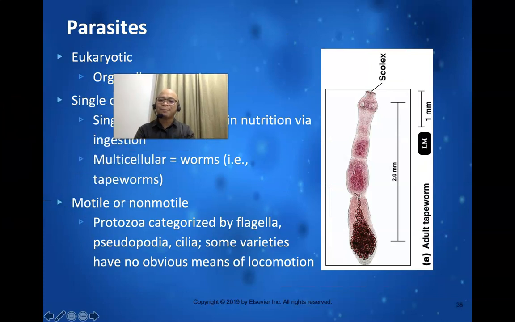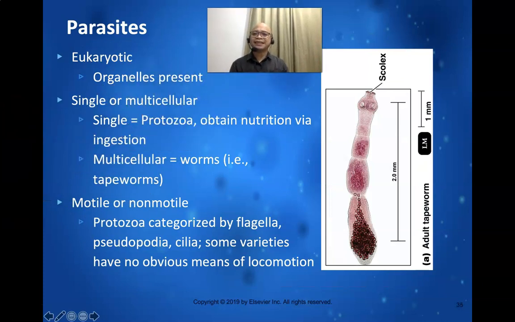And then we also have parasites. Parasites are eukaryotic organisms, like the ones we studied in parasitology, and organelles are present. Parasites cannot live without hosts, particularly those considered obligate parasites. They could be unicellular or multicellular.